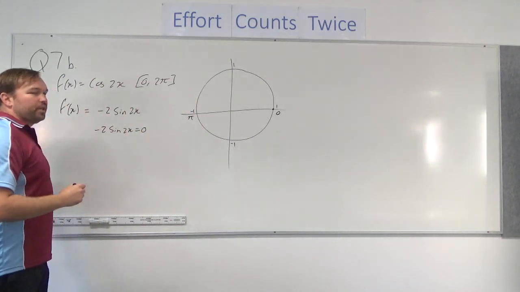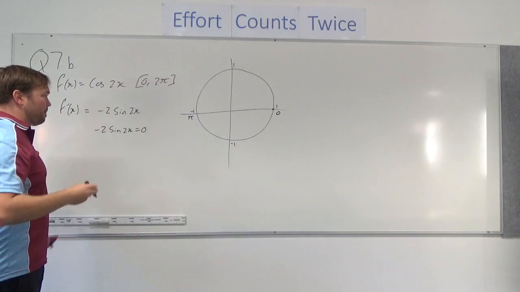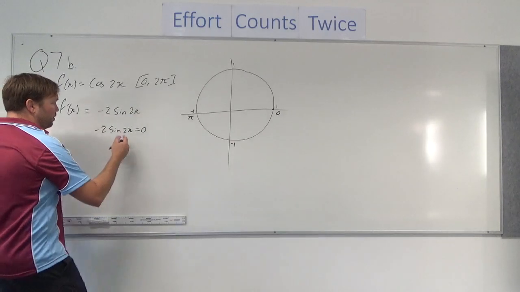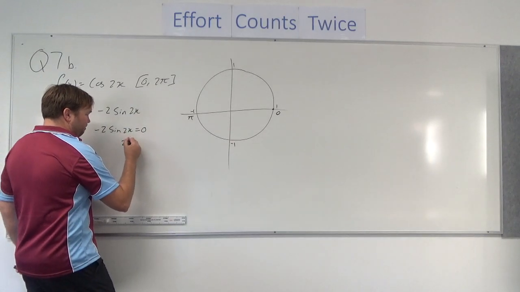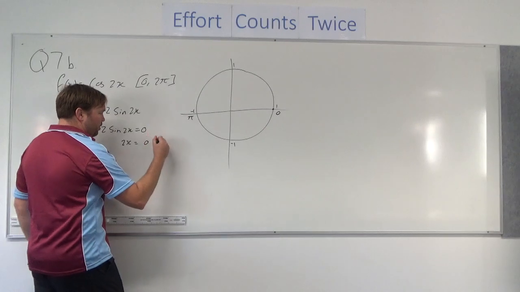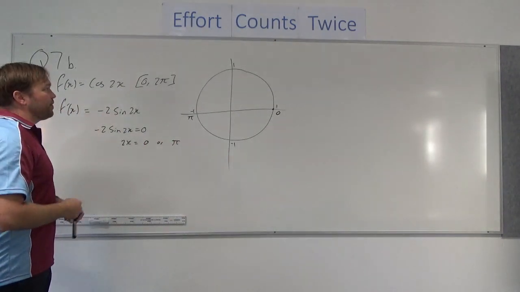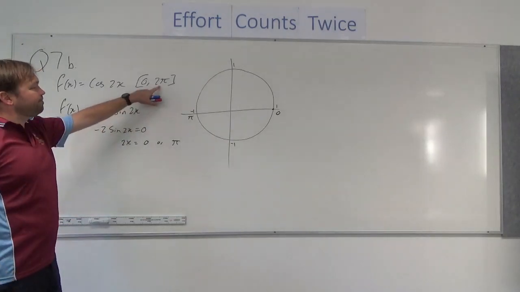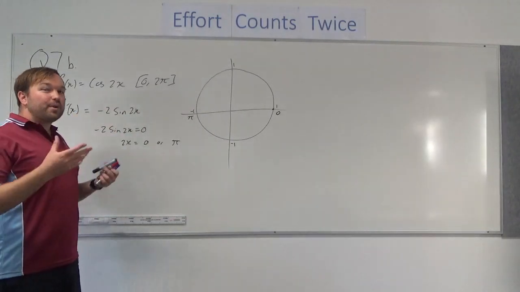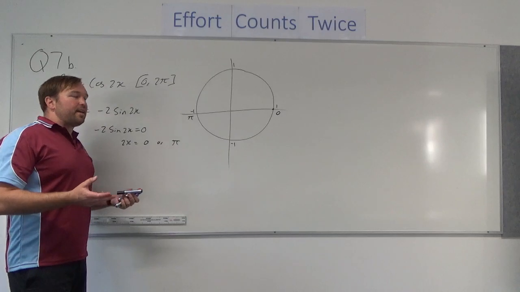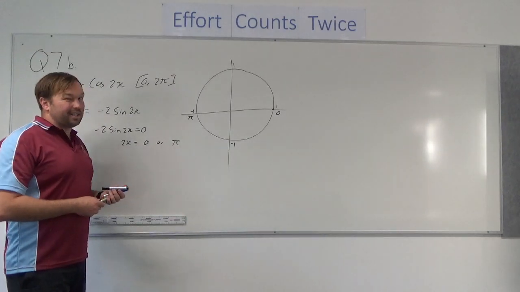So, what we're looking at here is when 2x equals 0 or pi. Now, note, that's only one rotation. How you account for this is up to you a little bit.